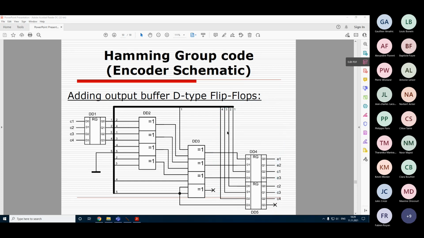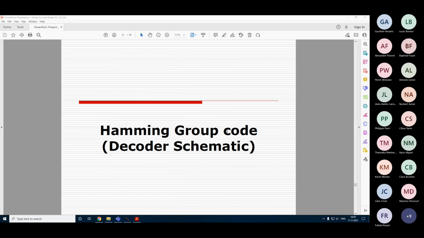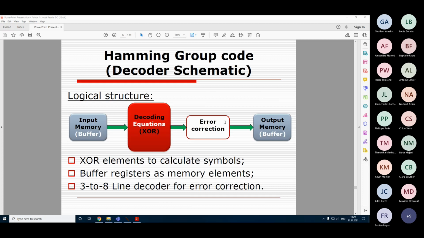Yes. So for the decoder part, it's a little bit more tricky because in addition to calculating the equations, we need to perform the correction. So basically this part is similar: memory for input, memory for output, equations logic with XOR, and correction.